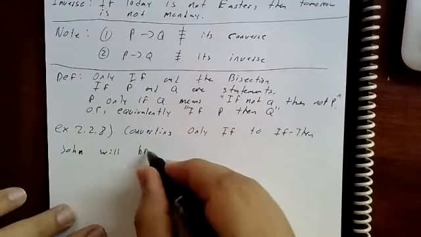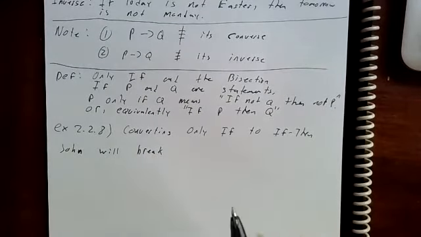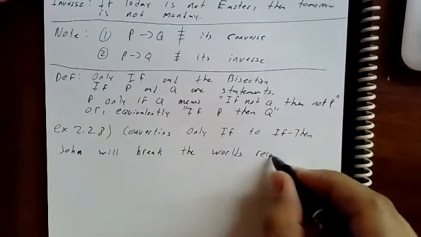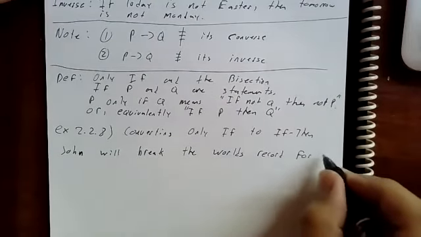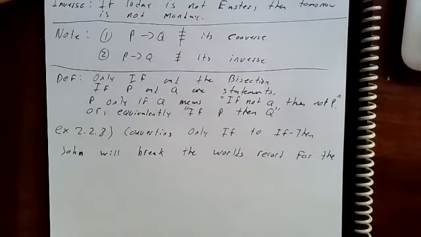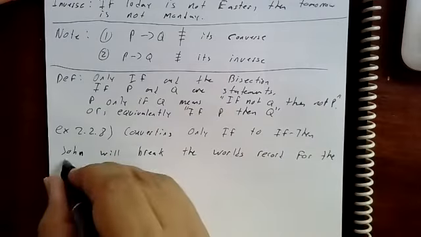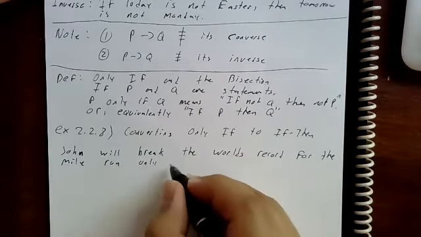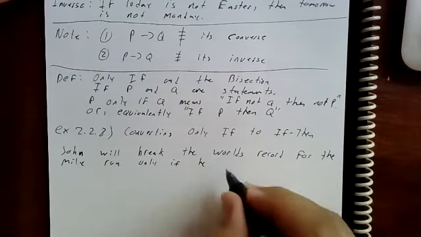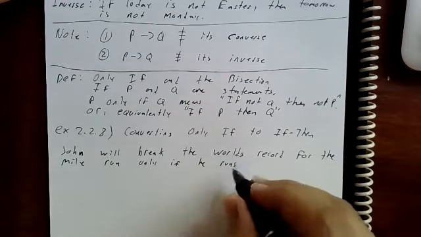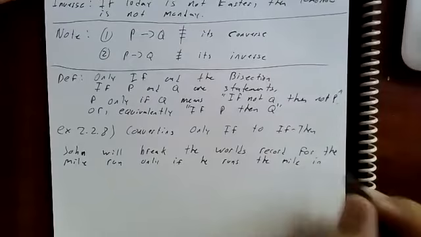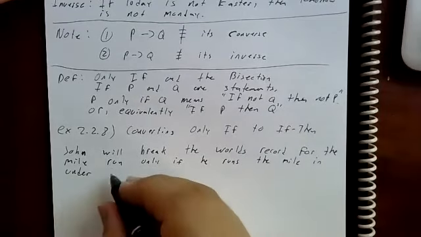John will break the world's record for the mile run only if he runs the mile in under 4 minutes.